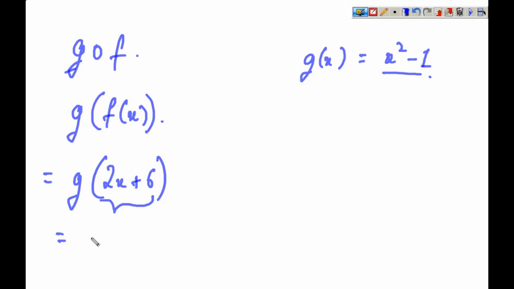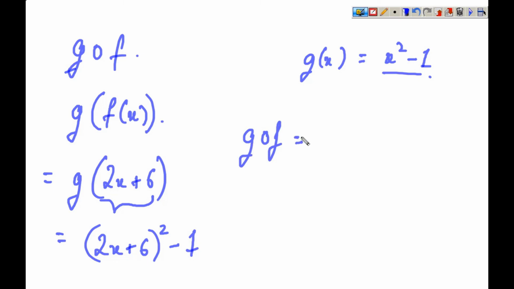So we write it as 2x plus 6 square minus 1. So this gives us the value of g of f of x equals 2x plus 6 square minus 1, and so we can find the value of this function at x equals 1. That will be equal to 63.